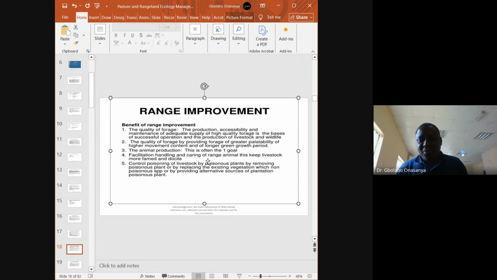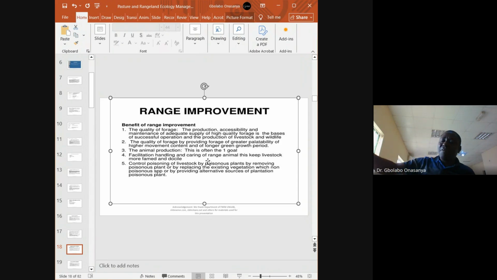It's going to improve soil quality. It's going to take care of erosion control. It's going to have an influence on curtailment of desertification. Erosion control, desertification control. And it's going to make our environment wholesome.